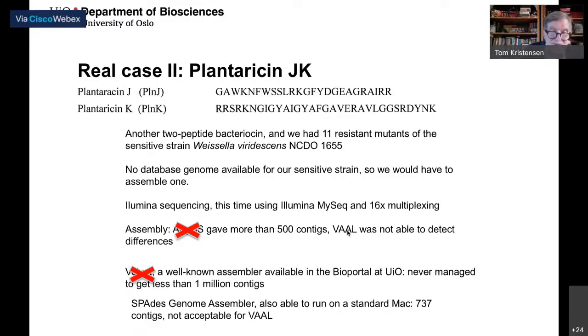I tried something which, to my pleasure, would run on a standard Mac, a genome assembler called Spades, but ended up with 737 contigs, and Val would not accept this as a reference genome.